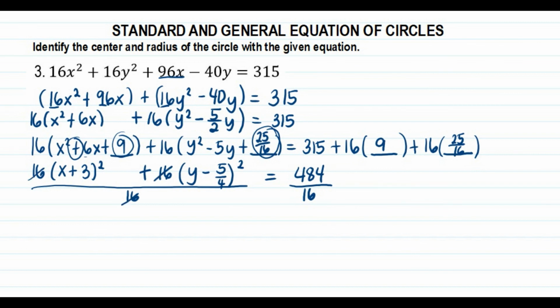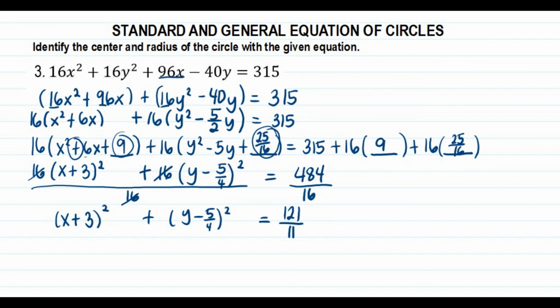Okay? And we are left with the square of x plus 3 plus the square of y minus 5/4 equals. So, isimplify natin to, 121 over 4. And that's it. Ito na yung standard equation.